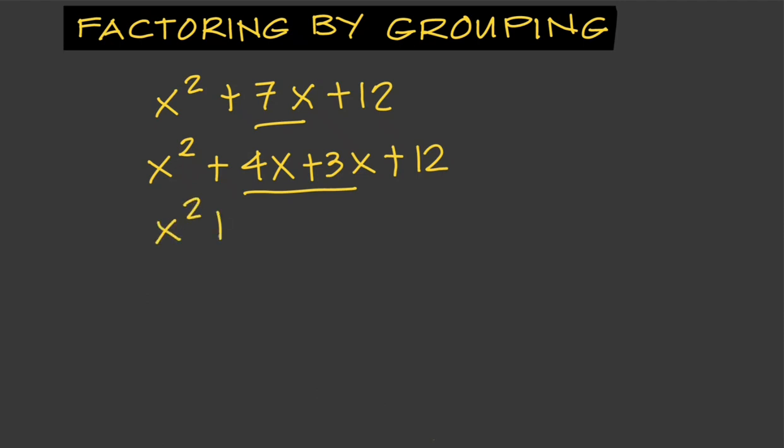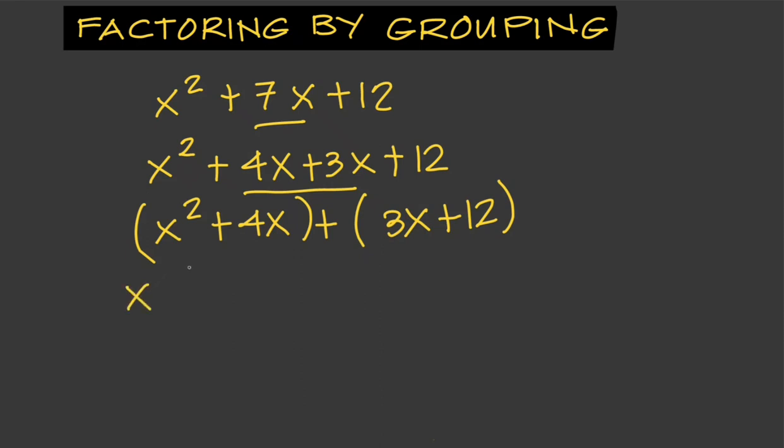So we can group x squared and 4x together, plus, and then we can group 3x plus 12 together. And now we can factor out the common factor. So from the first group, the common factor is x.